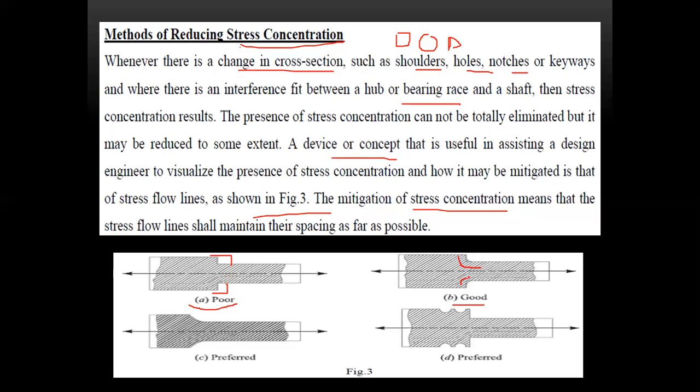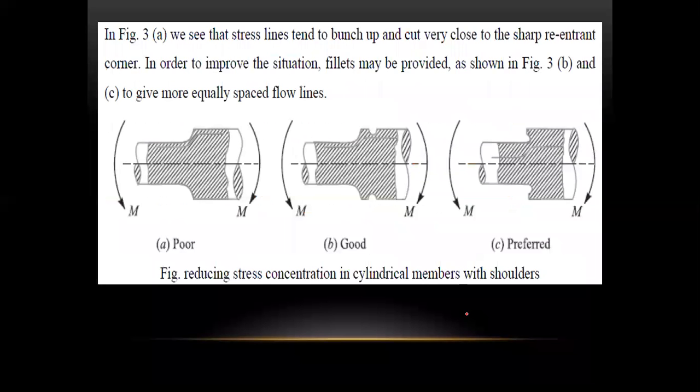Whenever the cross section has edges, it is preferred that the edges are smooth, and small indentations in the cross sections are also preferred. So these are the various ways of reducing the stress concentration factor. Got it?